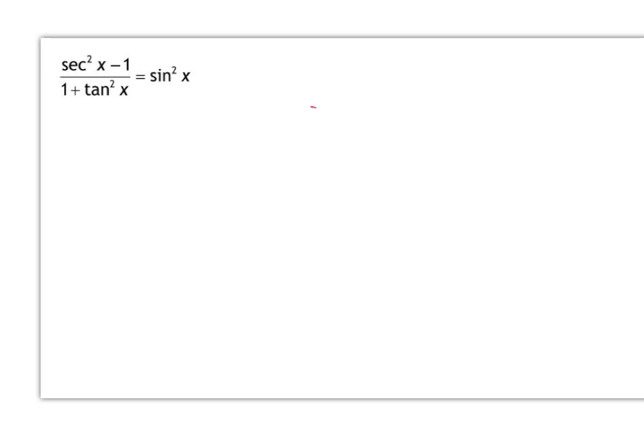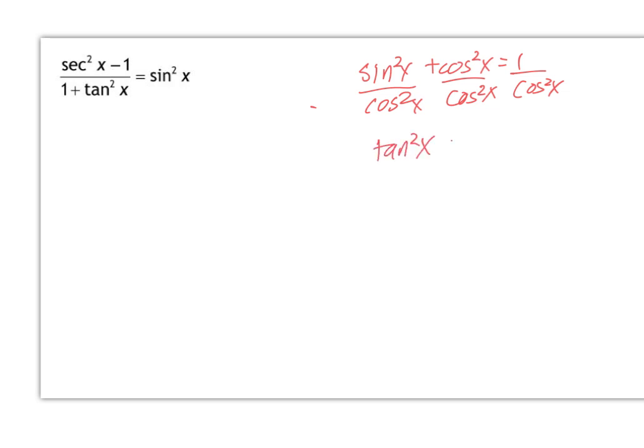And if you remember, both of those came from this idea that if we have sine squared x plus cosine squared x is equal to 1, when we divide this whole thing by cosine squared x, we end up getting tangent squared x plus 1 is equal to secant squared x. So what I'm going to try to do is to convert this into the other form of these things.